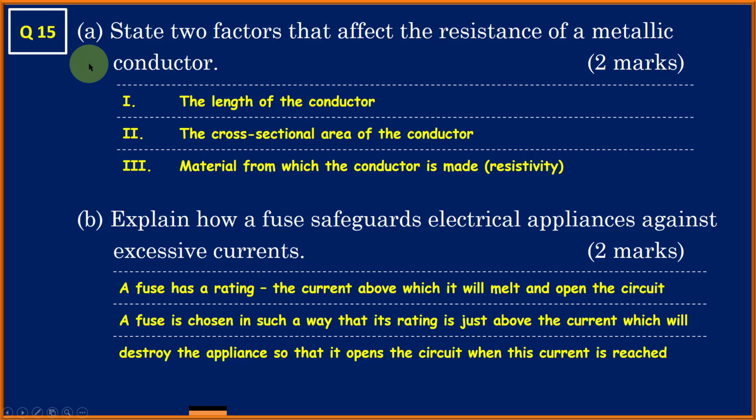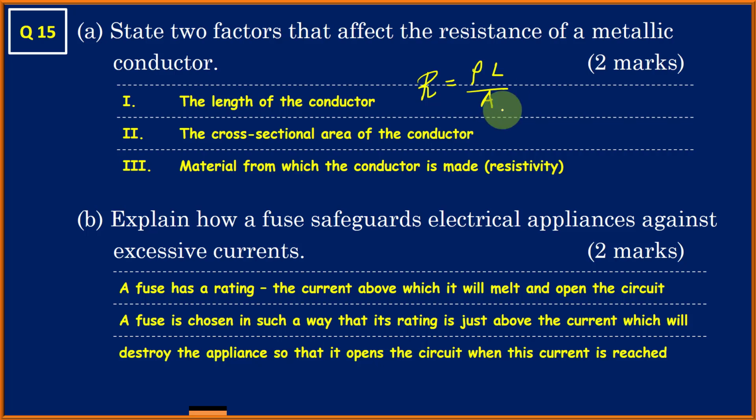Question 15. State two factors that affect the resistance of a metallic conductor. Of course, this is the length of the conductor, the cross-section area of the conductor, and the material from which the conductor is made. We get this from this equation here. Resistance is equal to resistivity, which is about the material, times length over area.